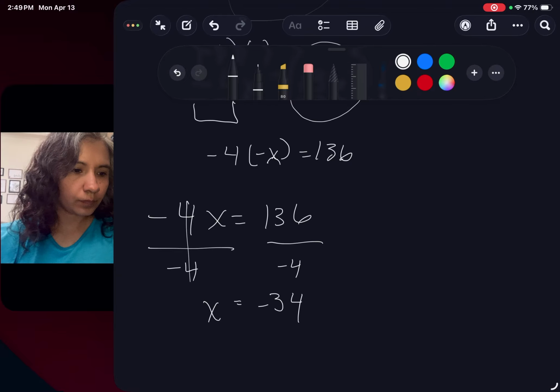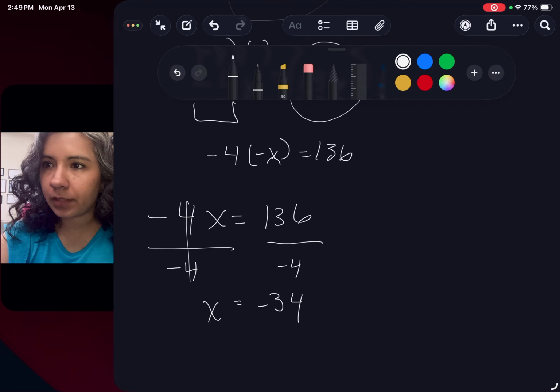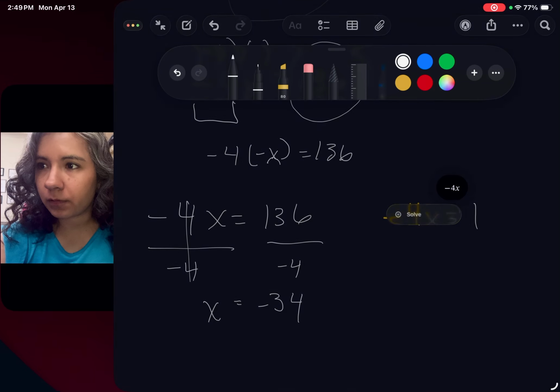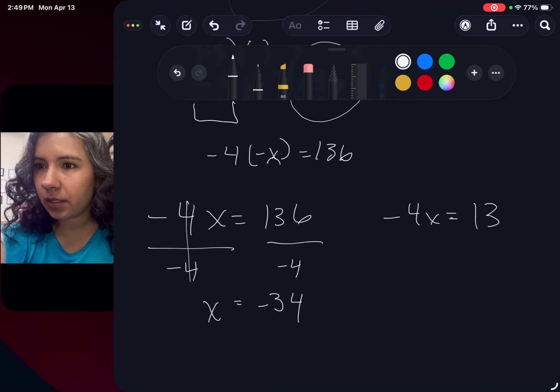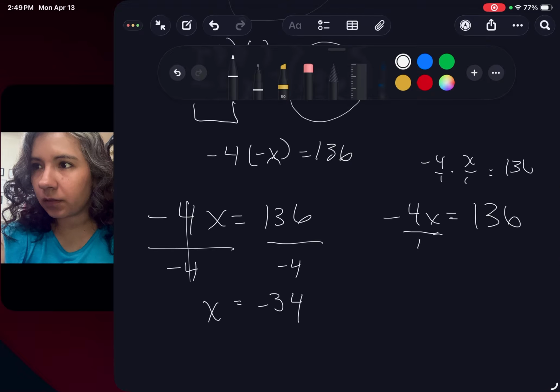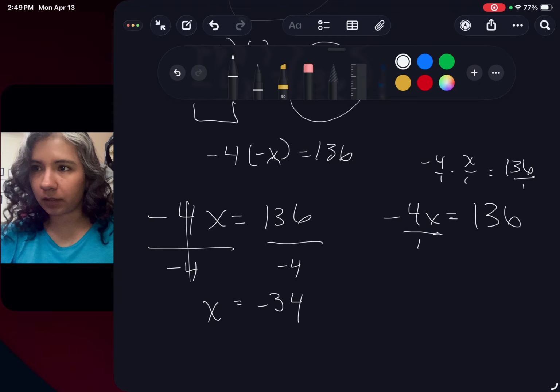Or we can do the reciprocal, like I've showed you, because these are the same as over 1, or even negative 4 over 1, because all numbers divided by 1 are the same number.